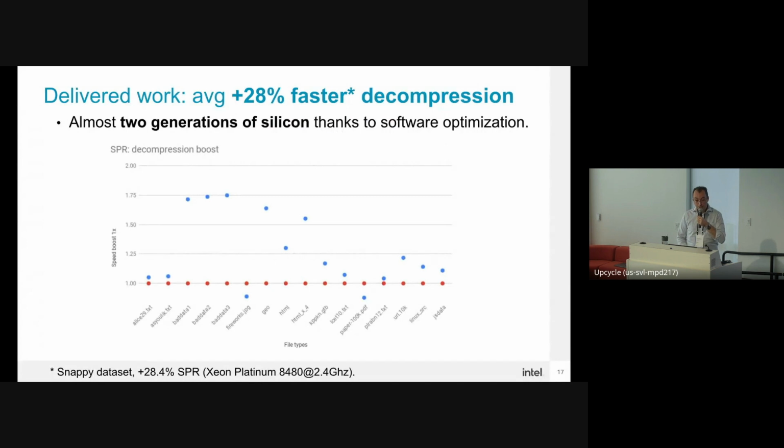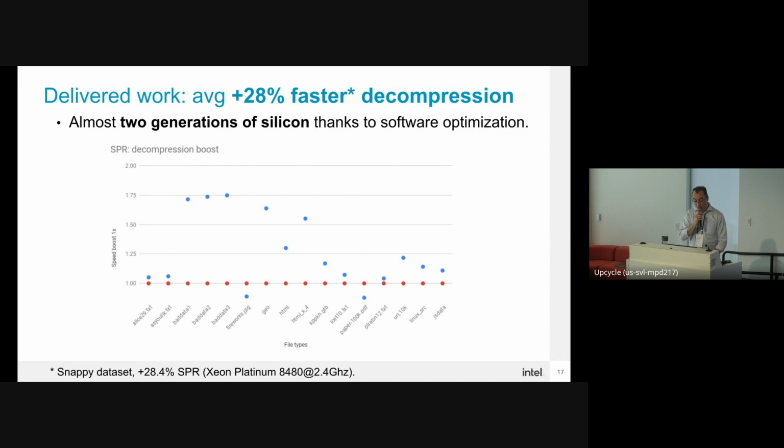So this is a chart showing the gains for all those patches running on Sapphire Rapids. The average gain was 28% faster data decompression. If you assume that between a new generation of silicon you expect something between 10 to 15% faster processing, 28% would be about 2 generations of silicon.